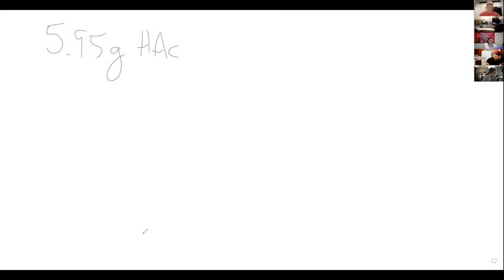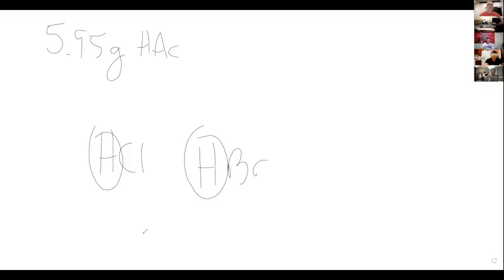And you may not have noticed, but we use a lot of shorthand for acids. We typically write HCl like that. There's the proton that gets donated. HBr is written like that, and that's the proton that gets donated. Well, for weak acids like acetic acid, we use the same convention. We just use the shorthand Ac for acetate and write this.